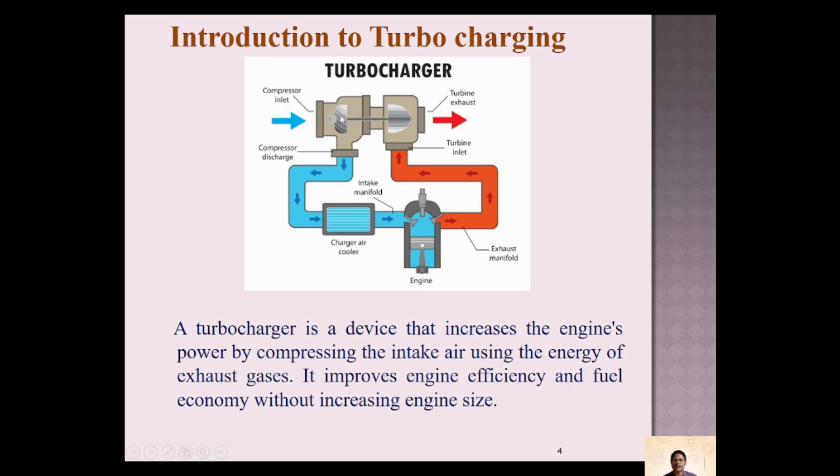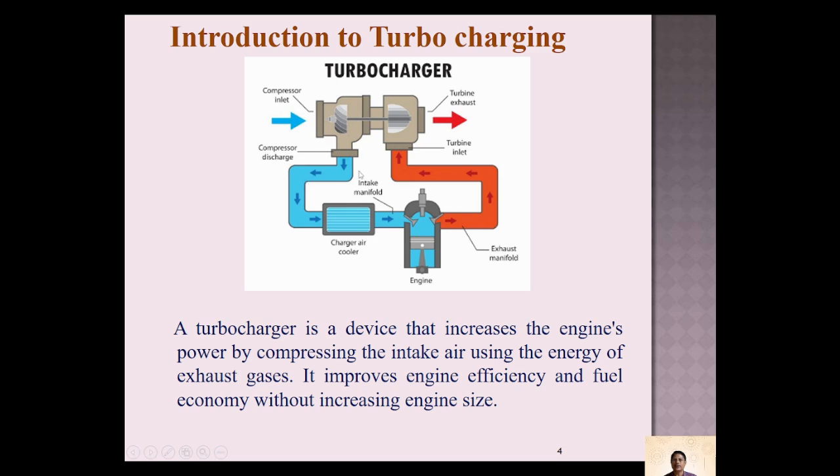The compressor receives the power from the turbine, receives the air from the atmosphere, compresses it and supplies it to the engine intake. So the exhaust is used to power the turbine, the turbine rotates the compressor, and the compressor provides compressed air to the inlet valve inside the cylinder during the compression stroke.